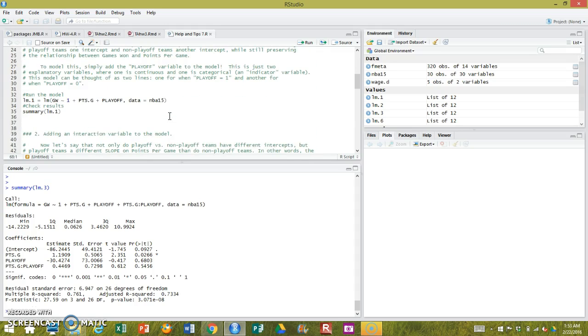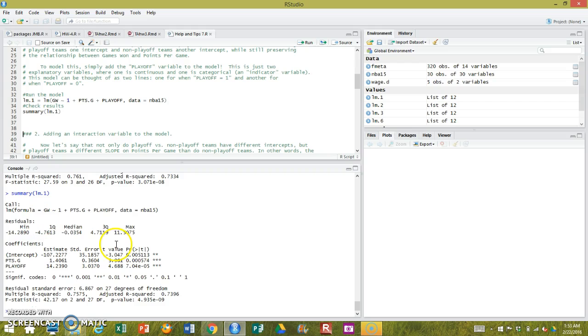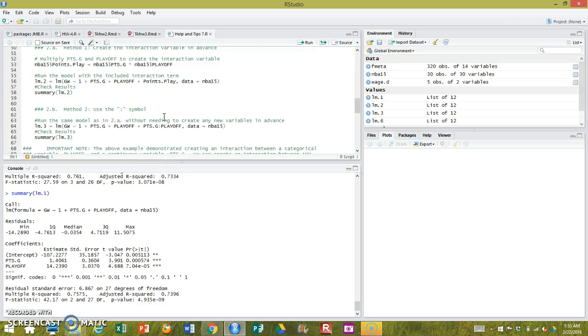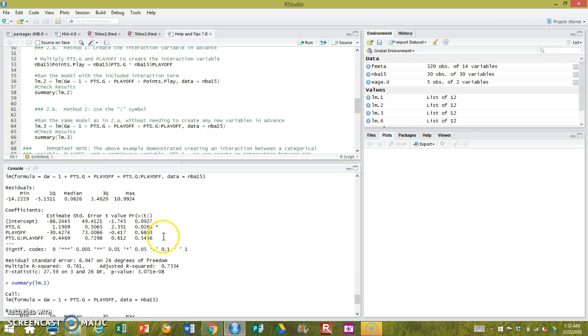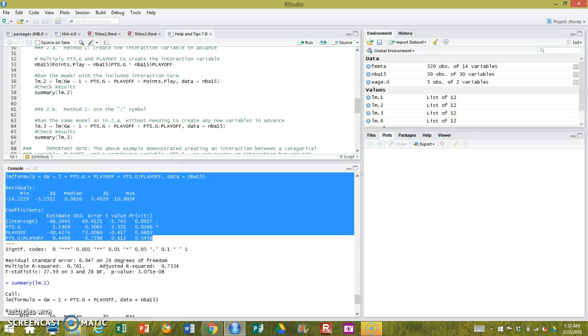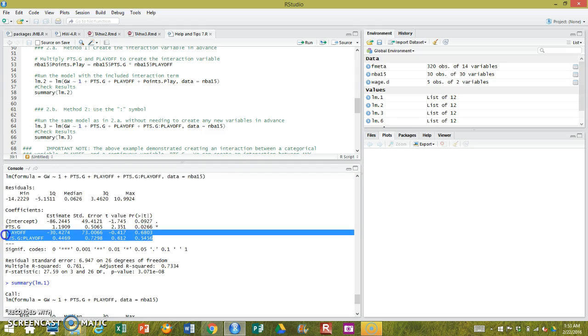But before the interaction, up here, when it was just these two explanatory variables, playoff was incredibly significant. So we might suspect that the reason playoff is now not statistically significant is maybe because of some multicollinearity.